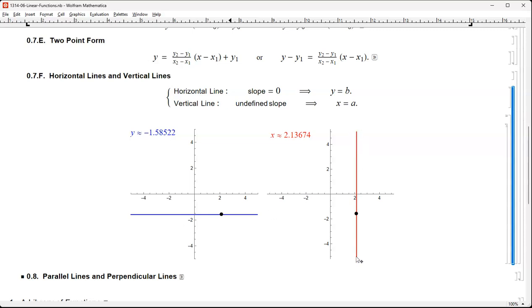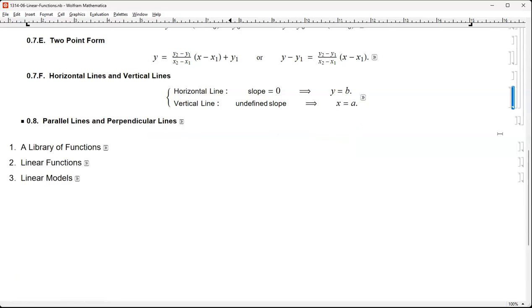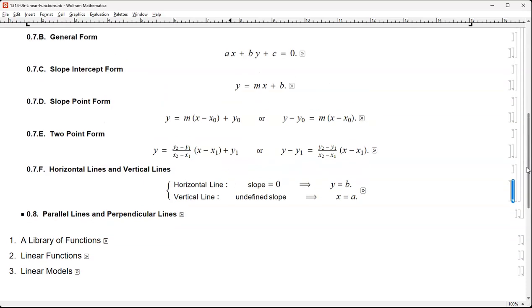This itself is a vertical line, so many y coordinate values here, actually infinitely many y coordinate values, share the same x value. So this is not a graph of a function. So x equals a, that's a line, but it's not a graph of a function. Y equals b, no x, it is a graph of a function, just a constant function.